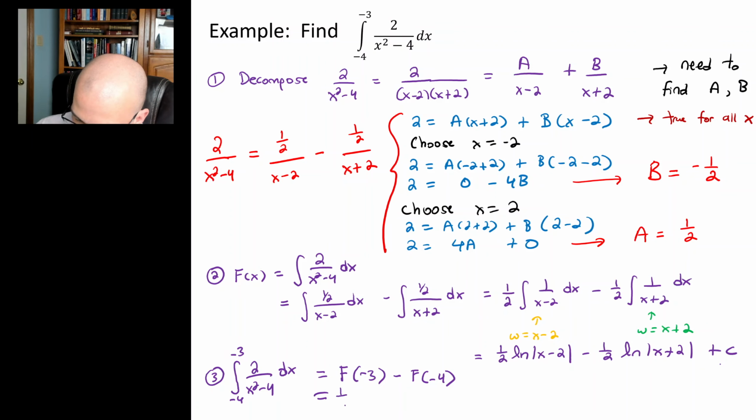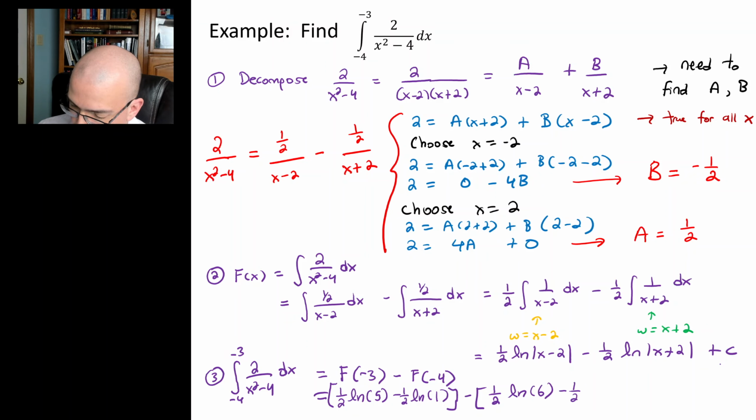So 1/2 ln of the absolute value of -3 minus 2, so ln 5, minus 1/2 ln 1. So that's the F of -3 part, minus the F of -4 part: 1/2 ln of -6, absolute value, so positive 6, minus 1/2, plug in, so -4 plus 2, -2, absolute value positive 2. ln of 1 is 0.